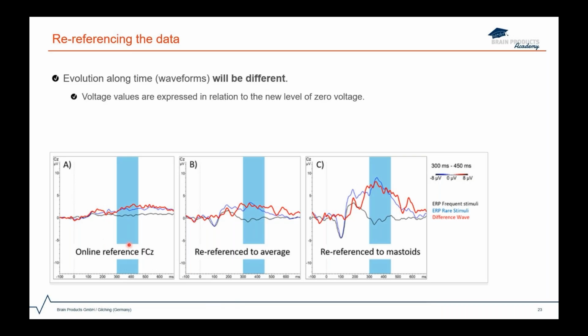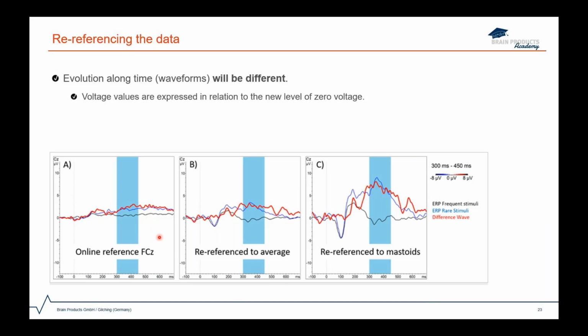What we have is the plot of a P300 component obtained from an oddball paradigm, where our black waveform is the one for the frequent stimuli, the blue one for the rare stimuli, and then the red one is the difference wave. So black frequent, blue rare stimuli, and the difference of the two is the red one, where we would expect to see our P300.